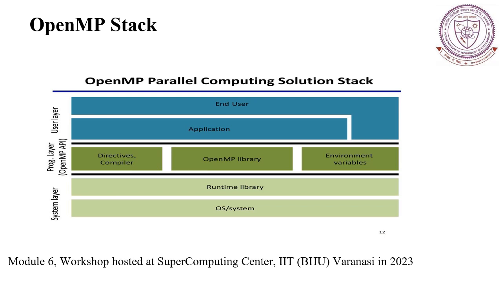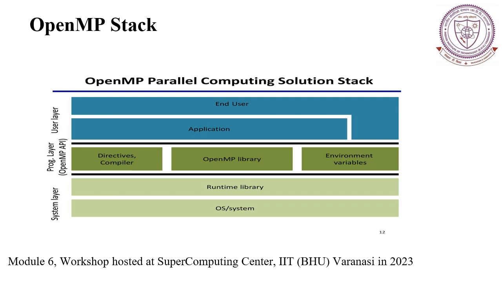Below the application layer lies the compiler layer. OpenMP directives embedded within the application code are recognized and interpreted by the compiler. Here the compiler analyzes these directives and generates parallel executable code based on them. It also performs other traditional compilation tasks such as syntax checking and optimization.